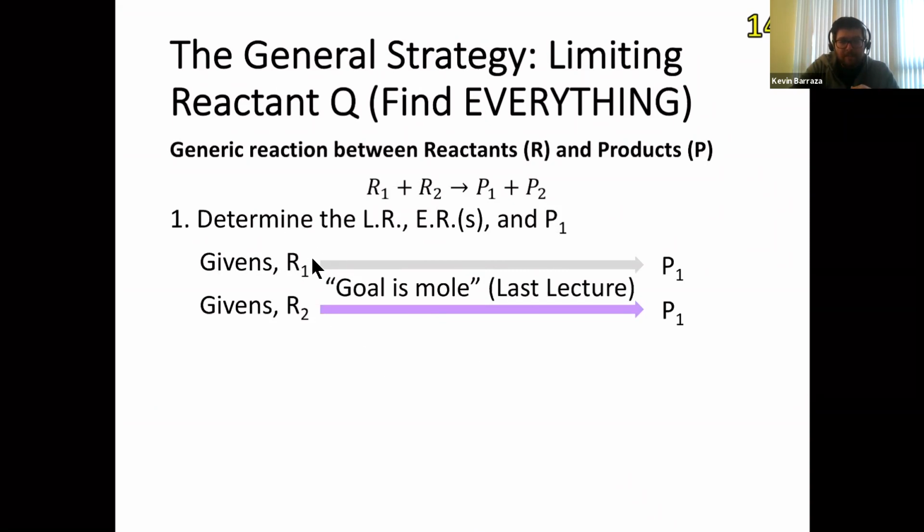So you're going to take the givens, do the calculation, take the other givens, do the calculation, and then what do we do? We pick the smaller, ignore the bigger. Again, the bigger answer doesn't have a physical meaning in the context of the question. It's just there to decide which one came out bigger.